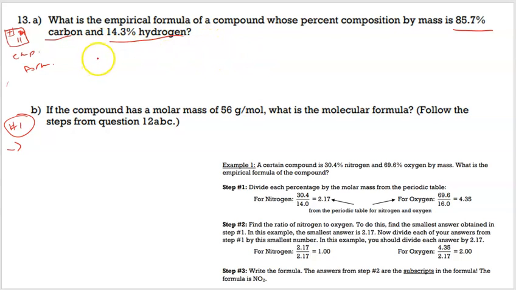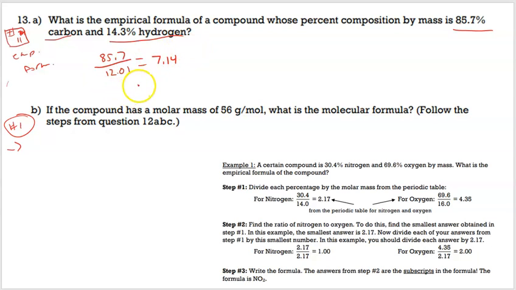So all we're going to do is go the percent, which is 85.7, over the mass of carbon, which from the periodic table is 12.01, right? And when we do that, we should get 7.14 if I round that to 3 sig figs.